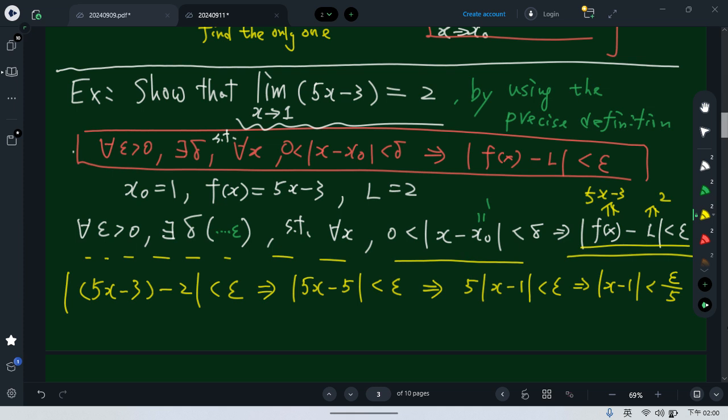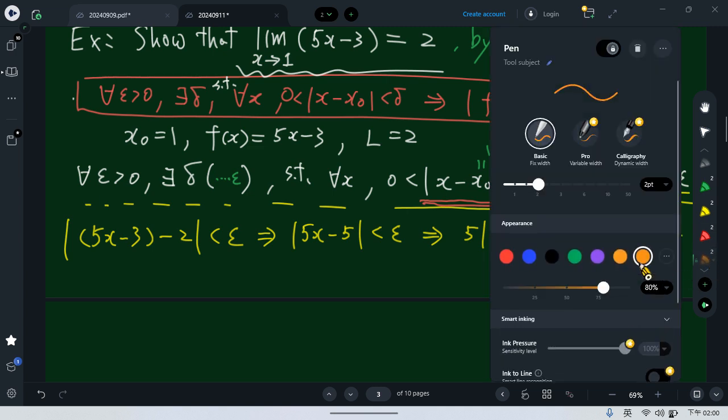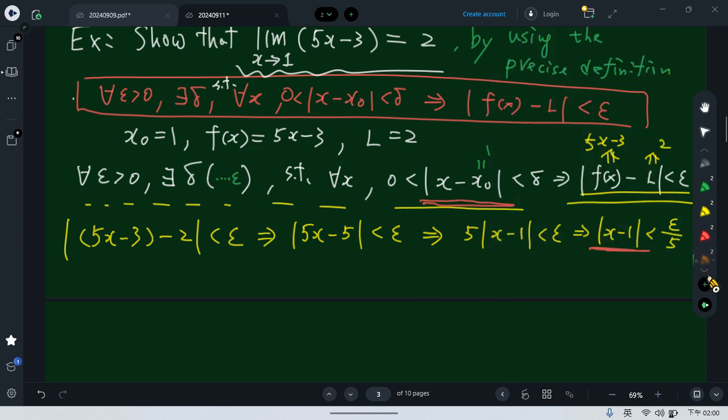So finally, did you see a matching here? This is the absolute value of x minus 1, and here is also, right? If you try to match them, because this x0 is 1, it should be x minus 1 here and x minus 1 there.